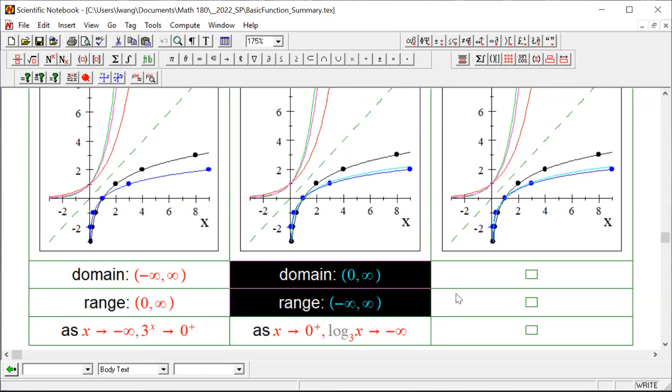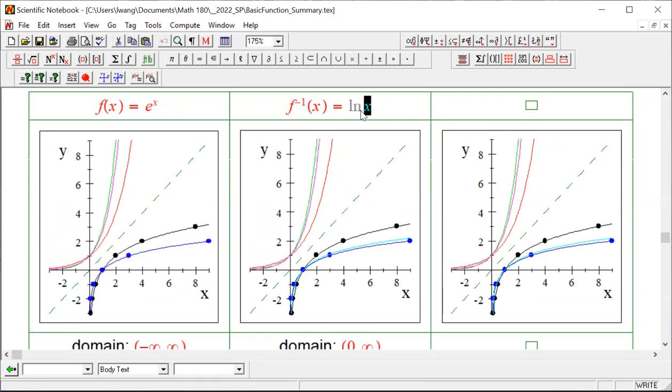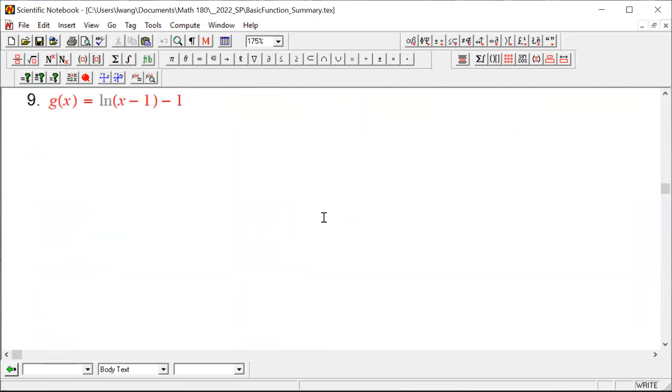So the domain of ln x is larger than 0. So here we have an ln, and in the place of x, there's an x minus 1. That's our situation. Whatever follows the ln has to be positive.